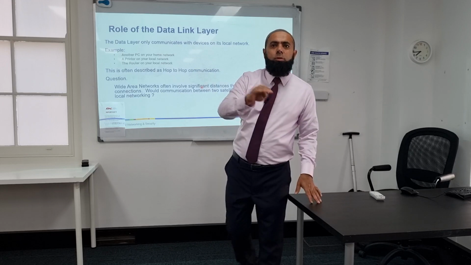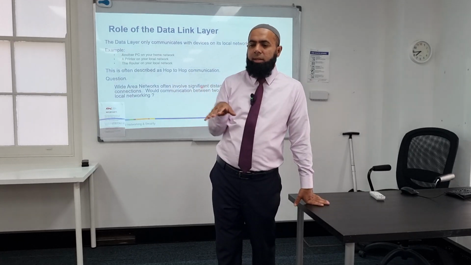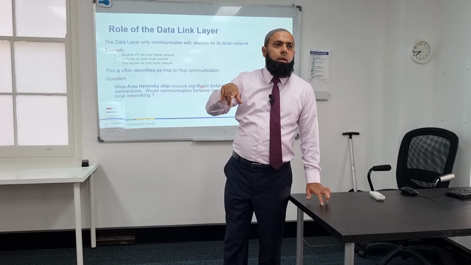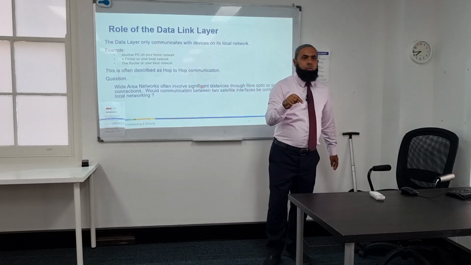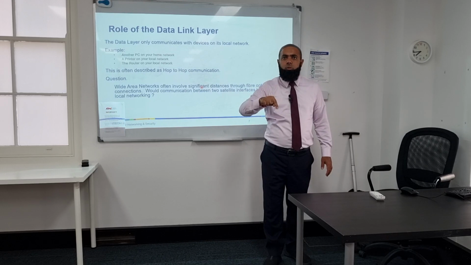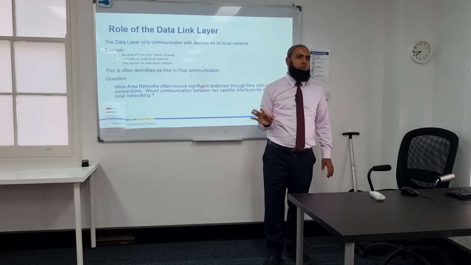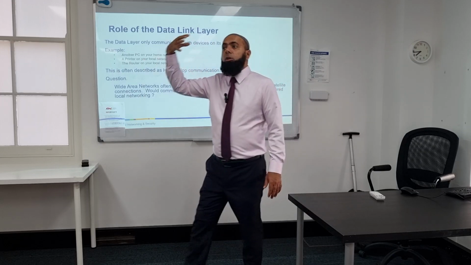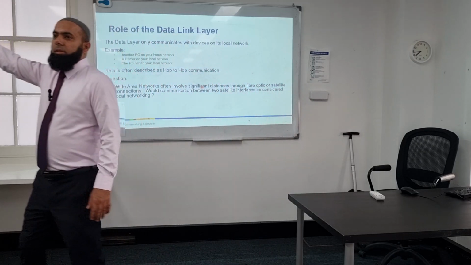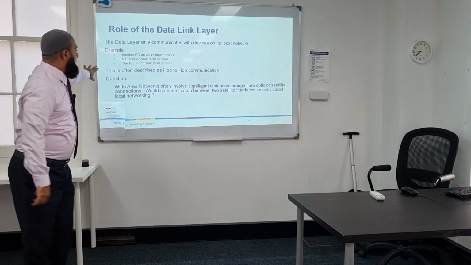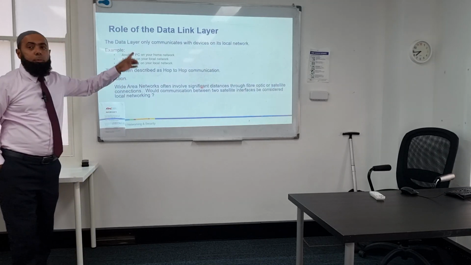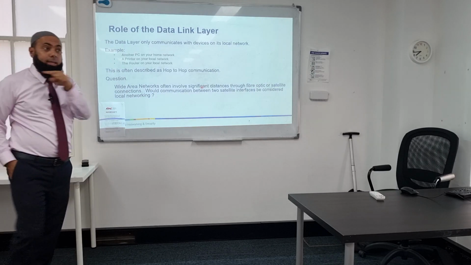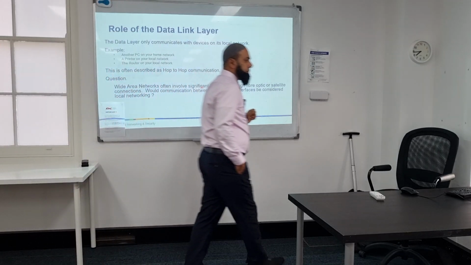It just reaches the nearest machine in your network. Okay, so in your nearest network, it just goes to the next stop, and that's all. Once it has reached there, it's the job of that device to take that packet to the next level. So that's the first point. This is often described as hop to hop communication, and we saw in the last lecture there is a hop to hop on the data link layer, if you remember that.